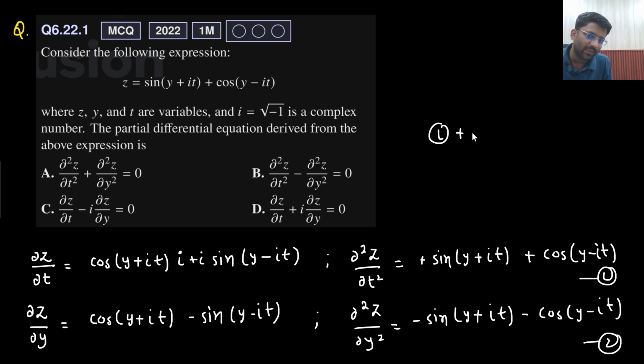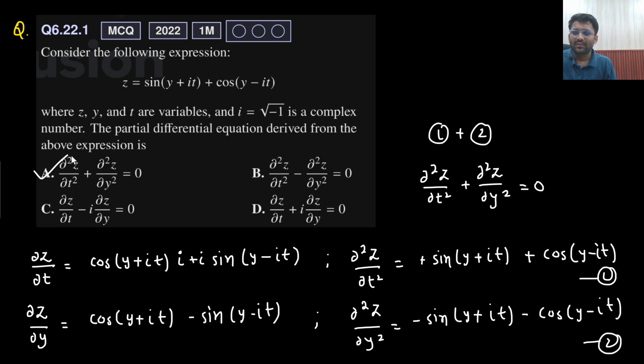So if I do 1 plus 2, what am I getting? Del square z by del t square, and if I add both of them, this and this will get cancelled out, this and this will get cancelled out. That means del square z by del t square plus del square z by del y square is coming out to be equal to 0. Option A is correct. There you go.